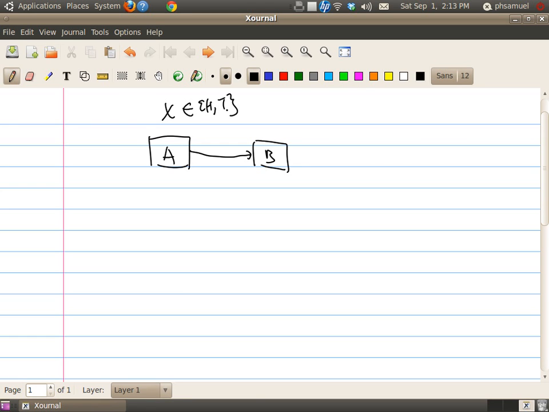For this specific example, how many bits will be needed to send this message X from Alice to Bob? I hope you will agree that we only need 1 bit, because there are two outcomes, head and tail, and 1 bit is sufficient to represent these two values.